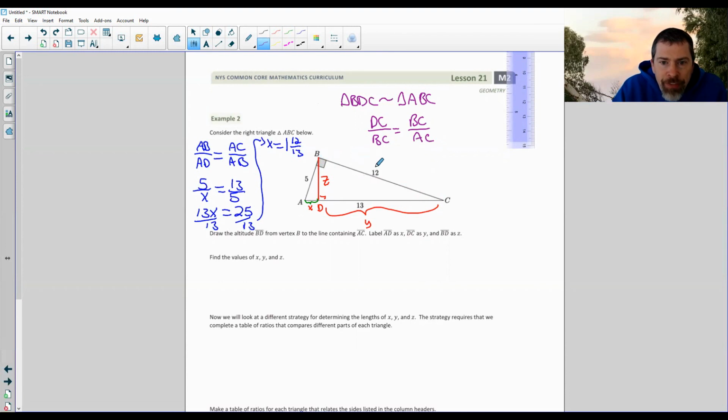So when I plug in my values, DC is 13, BC is 12. That equals BC, which is 12, and AC, which is 13. And I marked this one wrong. DC is not 13. DC is 13 minus X. I could do it that way, or I could just say Y.